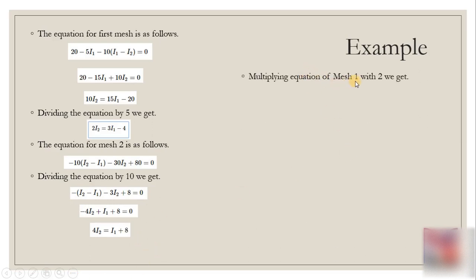Multiplying the equation of mesh 1 with 2, we get 4I2 is equal to 6I1 minus 8. Now we can find the currents I1 and I2 by solving equation 1 and equation 2.